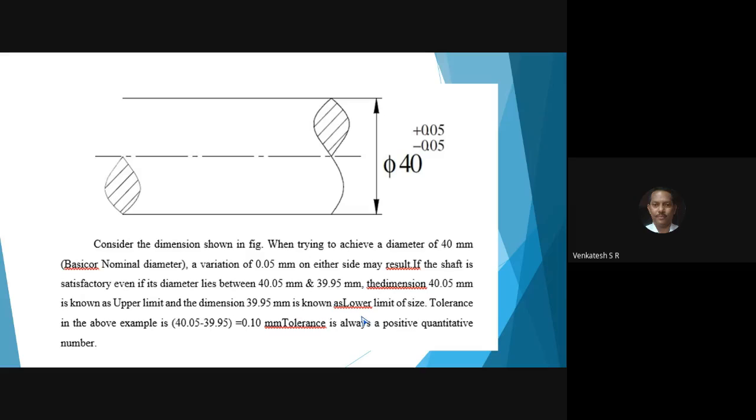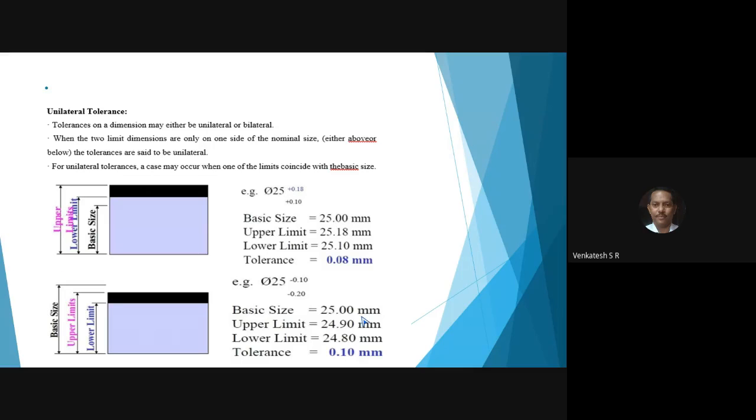I repeat, tolerance is always a positive quantitative number. Close the inverted commas, put a full stop, and underline the sentence. Tolerance is always a positive quantitative number.